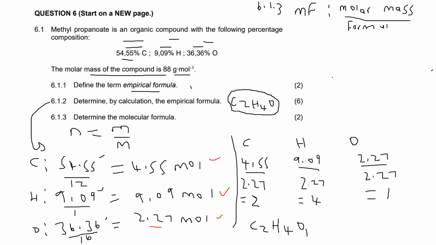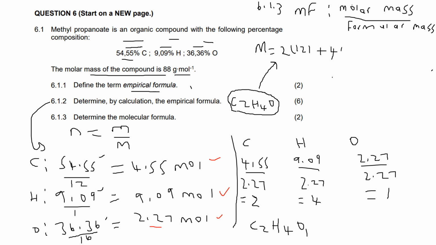So the molar mass we are given is 88. To find the formula mass, it's the same thing that we do when you find the big M. Whenever you find the big M, you add each. We're going to use the empirical formula that we got to find this formula mass.